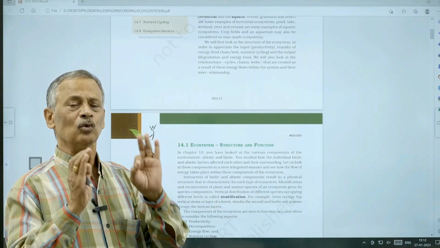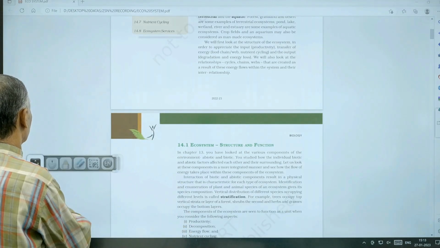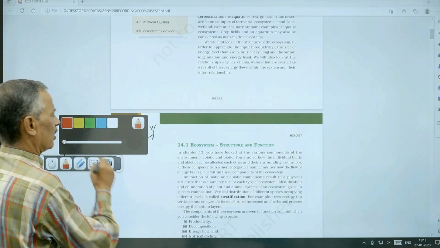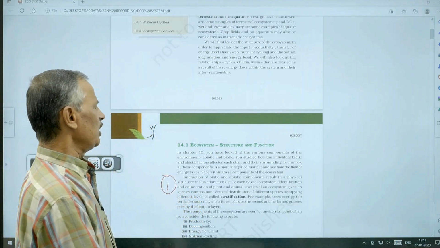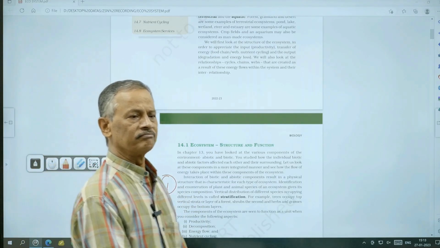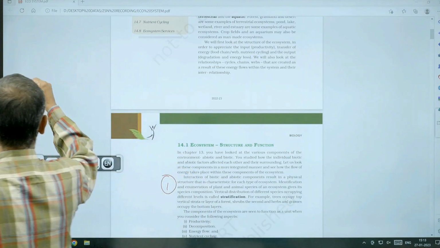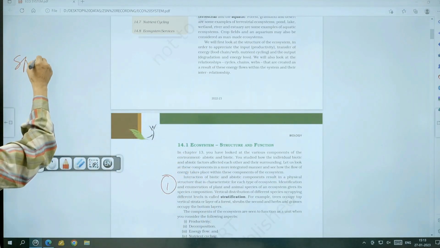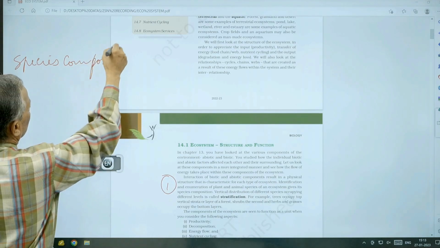What are the two important features by which they will be showing that uniqueness? See, one, species composition. Each ecosystem will be having its unique species composition. What are the different types of living things?